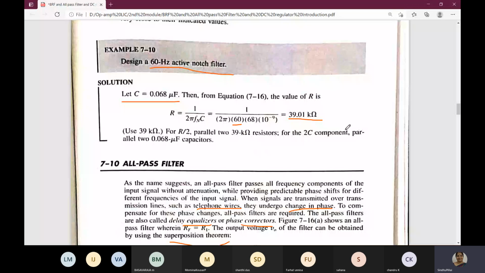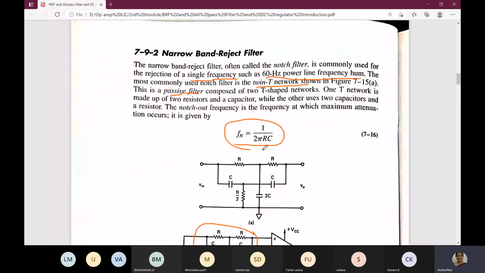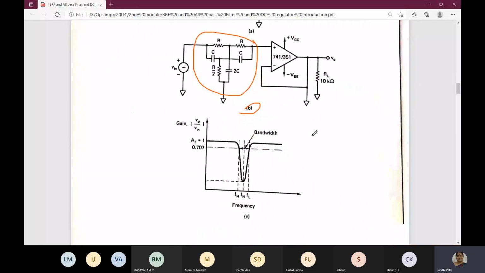So we get the value of R and it can be designed. The notch filter formula is Fn equals 1 by 2 pi RC. This is the circuit and the frequency response of the notch filter.